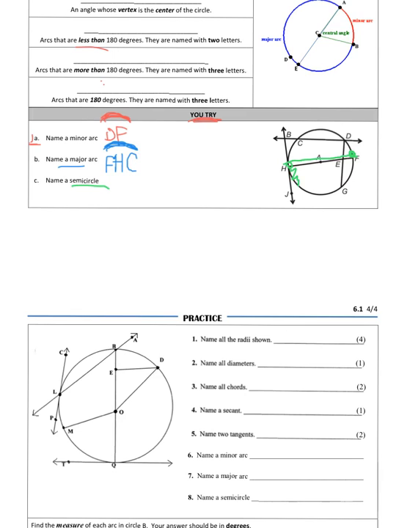I could either use this section down below or the piece up above. If I'm using this one down below, it would be HGF. Then make sure you use that curve up above to show that it is an arc. As I said, I want you guys to come up with your own answers for this Try section.